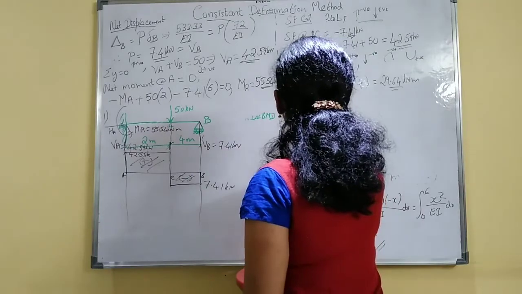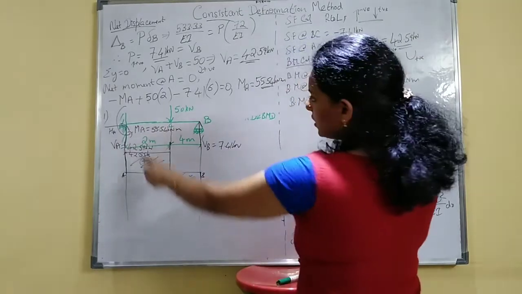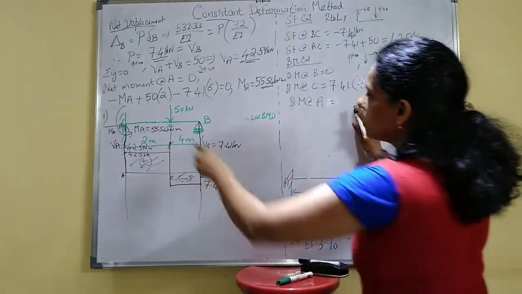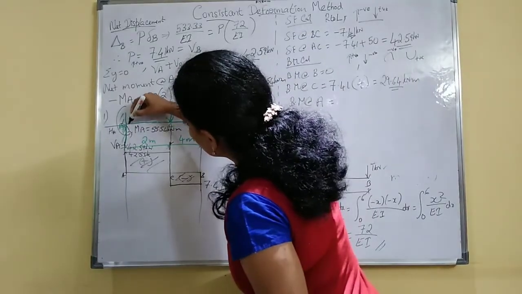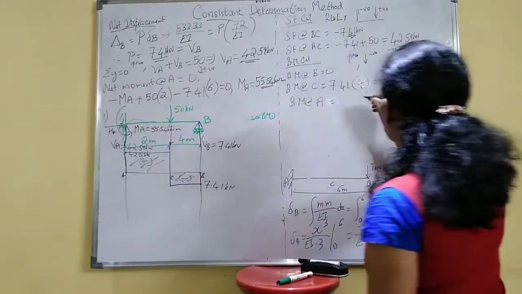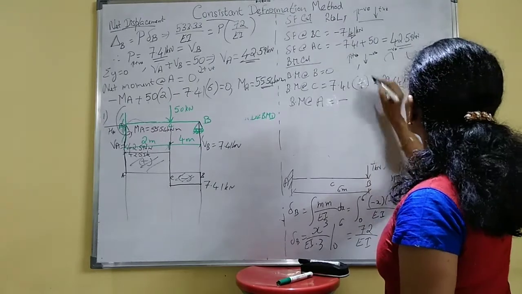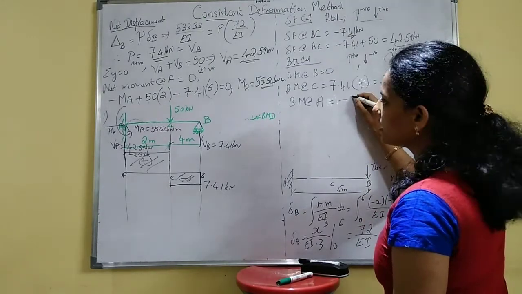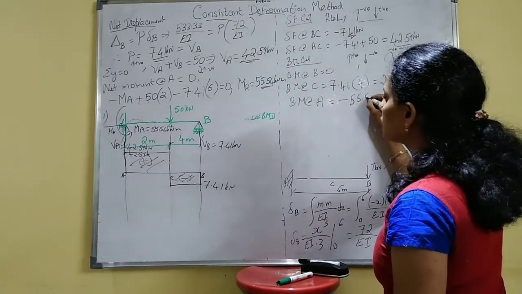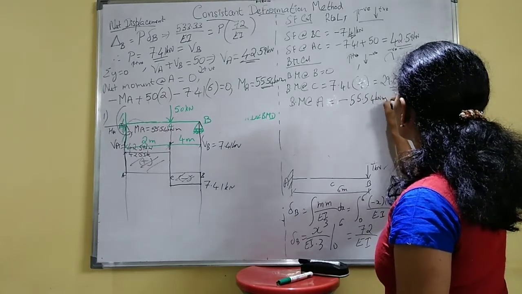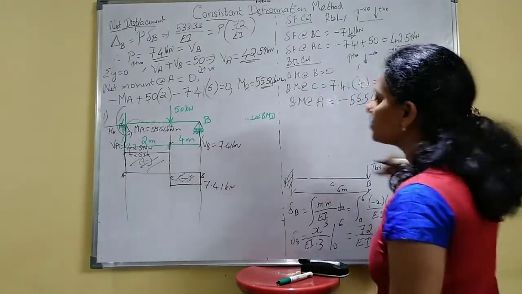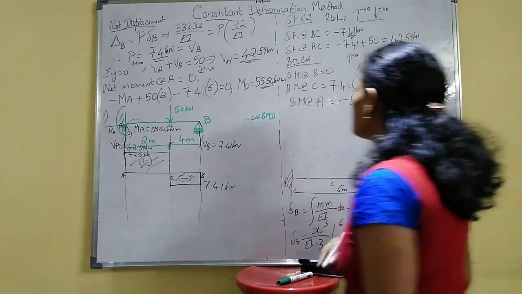And bending moment at A, you can take directly. This is nothing but it pushes the beam upward, so it is a hogging bending moment. Hogging sign convention is negative, so minus 55.54 kilonewton meter. You can consider from right to left, just check the value.